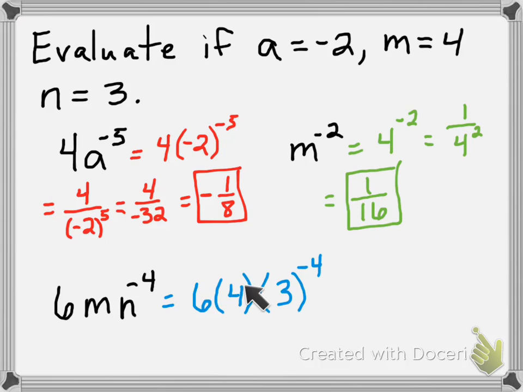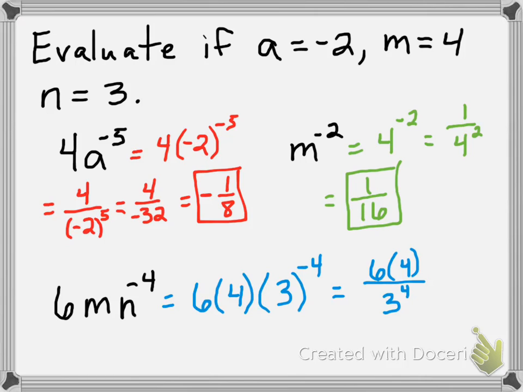The 4 does not have a negative exponent. Only the 3 has a negative exponent. So that's the only one I'm going to have to change the sign. So that's the only one I'm going to have to change the position. Okay, so I'm still going to have 6 times 4 on top where it is already, and then I move the 3 to the 4th power to the denominator.